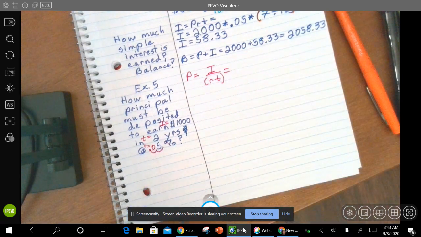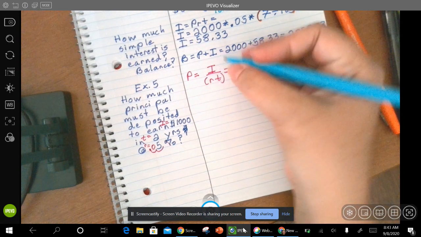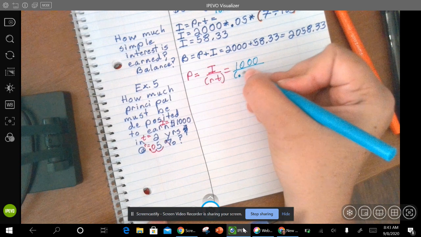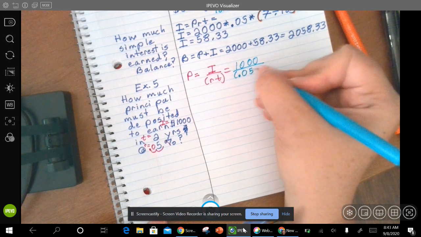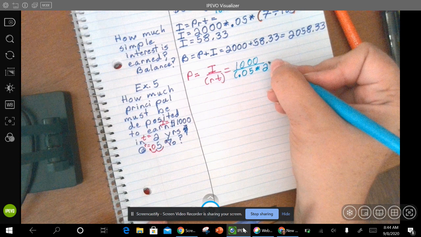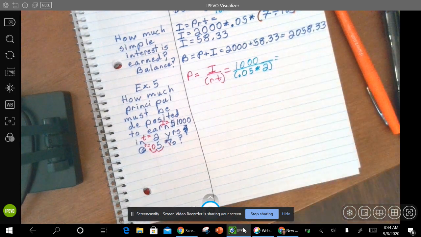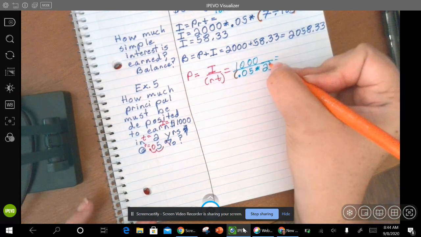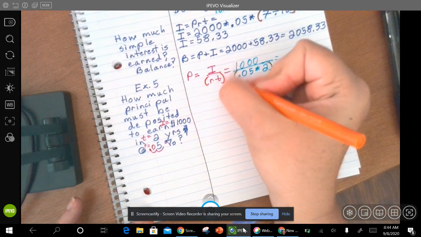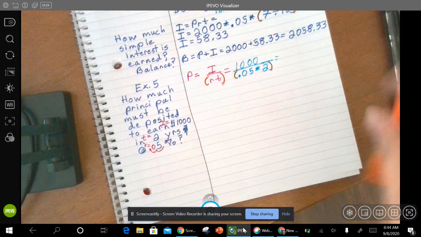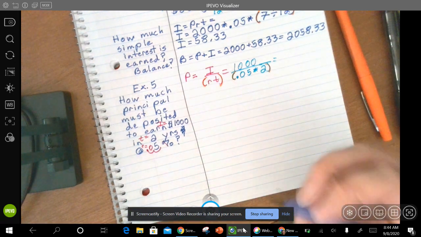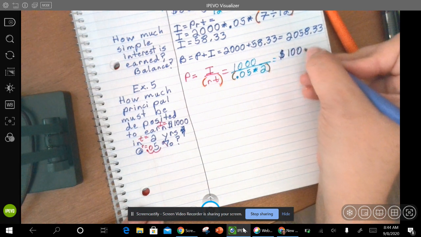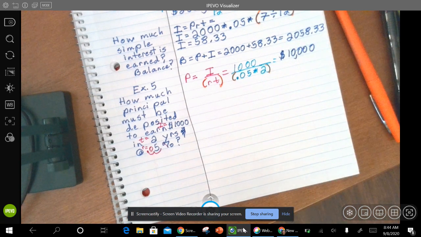So we're going to substitute all those in. So we're going to get $1,000 divided by 0.05 times 2. Everybody remember you have to use these parentheses so it multiplies first. So we get that our principal would need to be $10,000.